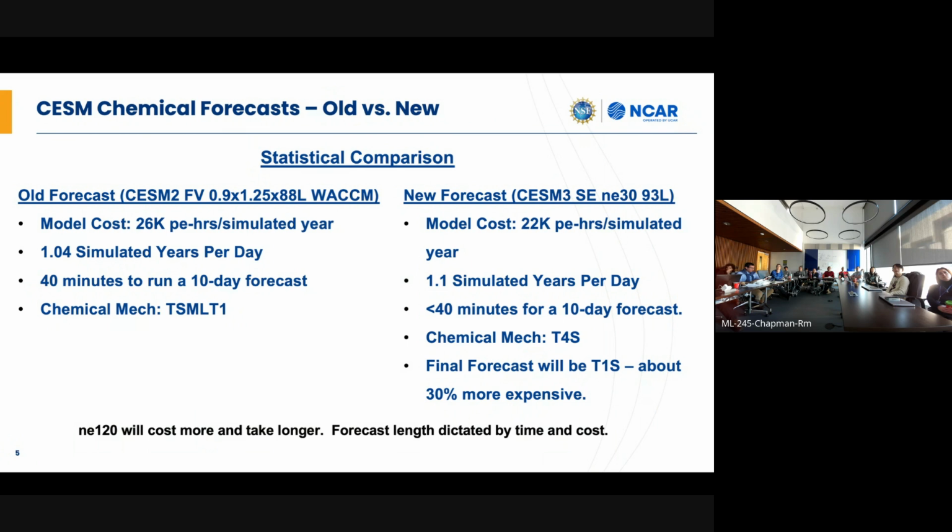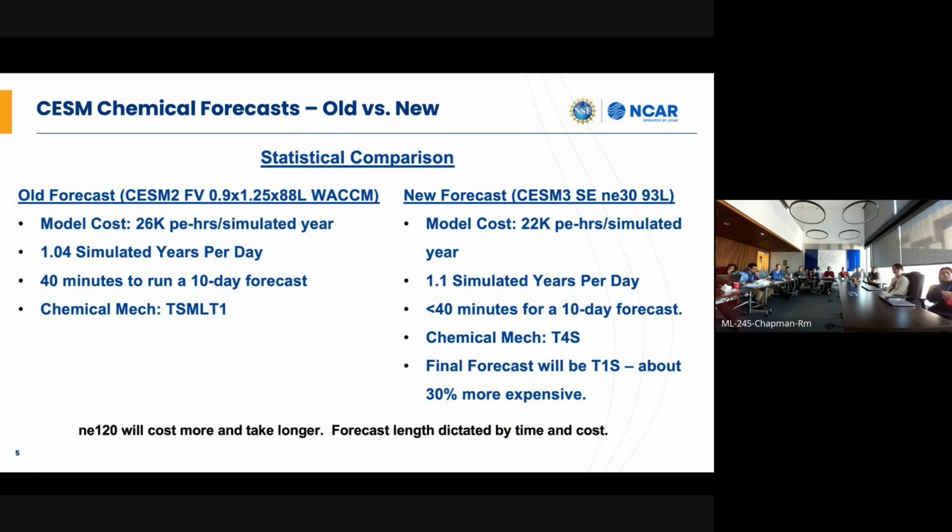In our test case that we're doing right now, which is actually a T4S, we do want to eventually do a T1S, we'd just add 30% to these numbers, but they're basically comparable to the older specified dynamics version that we're running right now. So currently, at least in the T4S, we're actually slightly faster, but again, it'll be about 30% more expensive when we make that switch to T1S.